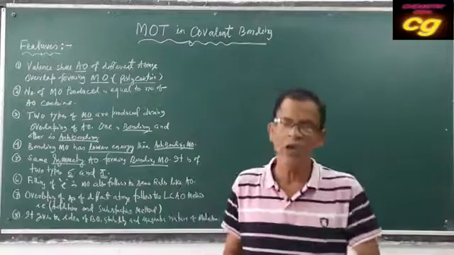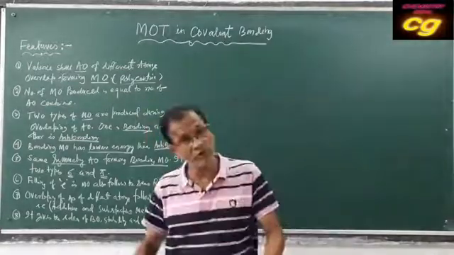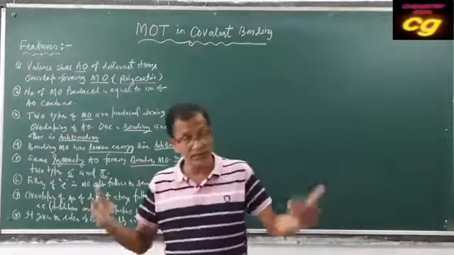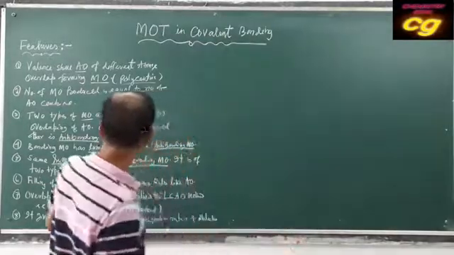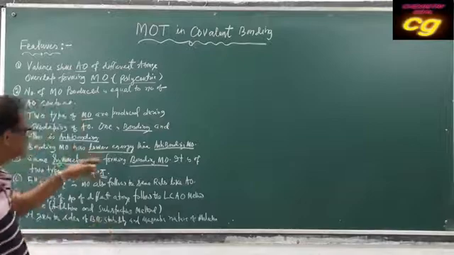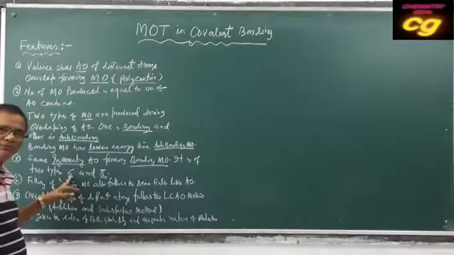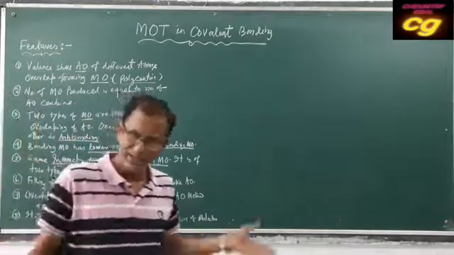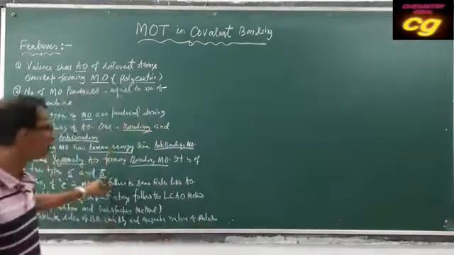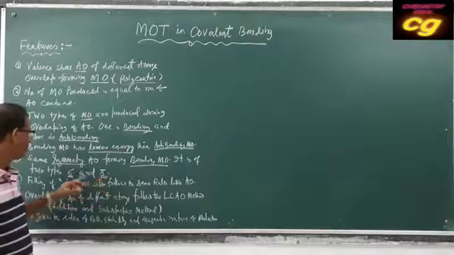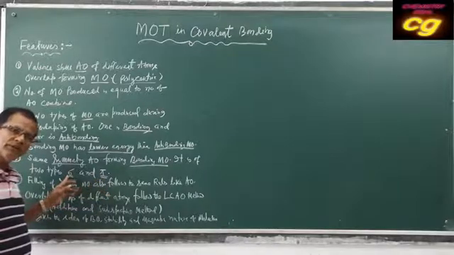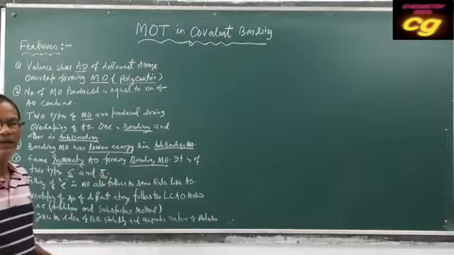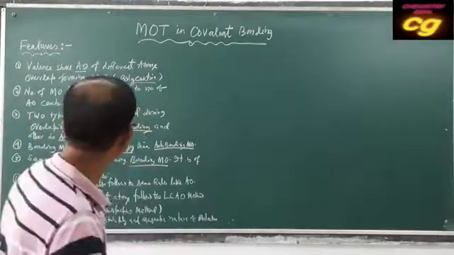Already I have told you, molecular orbital theory gives the idea about the nature of the bond. So when it produces axial overlapping, that molecular orbital is called a sigma molecular orbital. And when it overlaps sidewise, then it produces pi molecular orbitals. So sigma molecular orbitals or pi molecular orbitals are produced during overlapping of atomic orbitals.